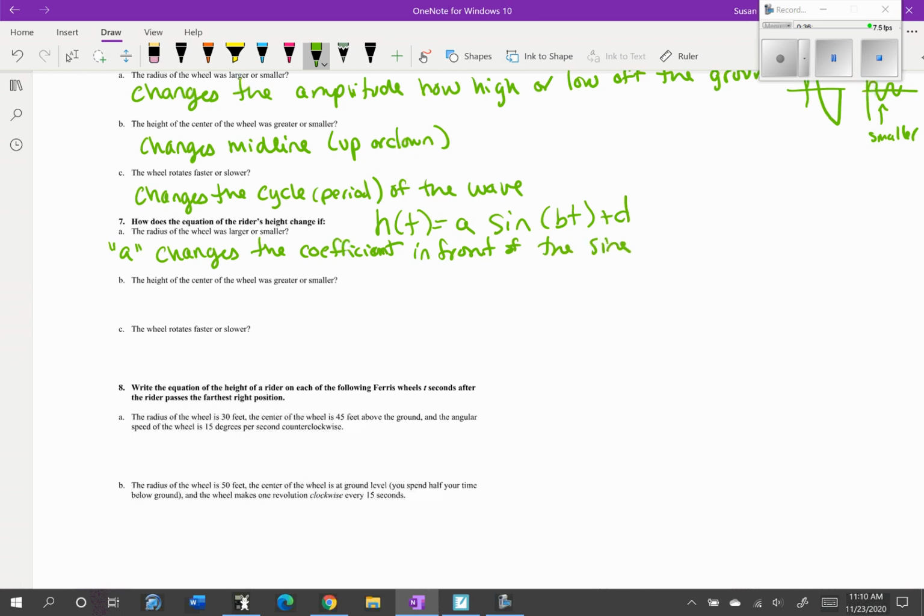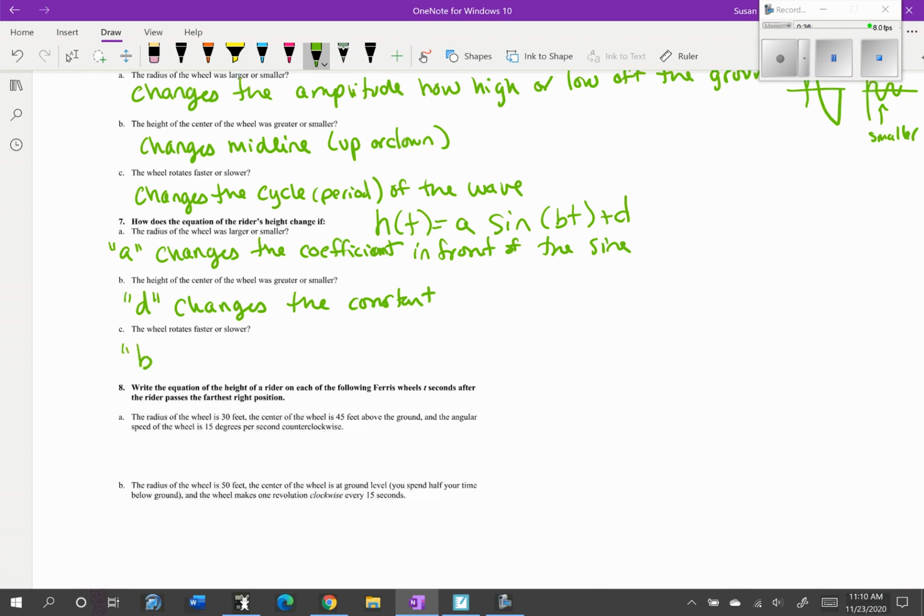The height of the center of the wheel was greater or smaller. That changes, that's your d value. So it changes the constant. And the wheel rotates faster or slower.